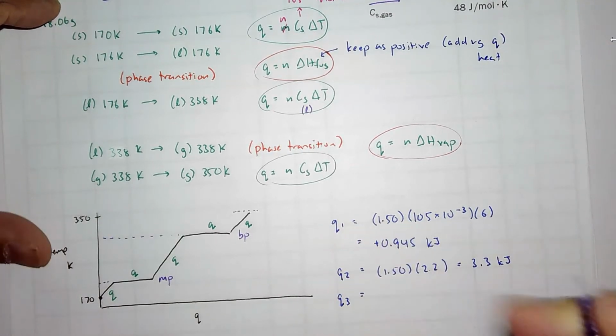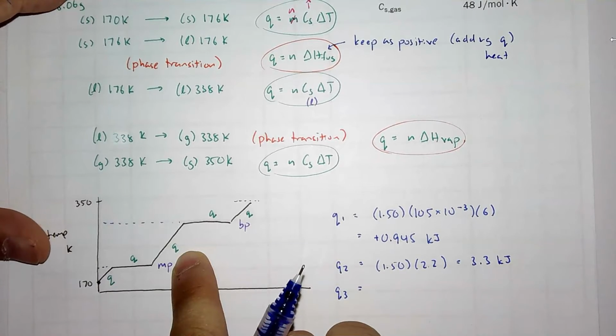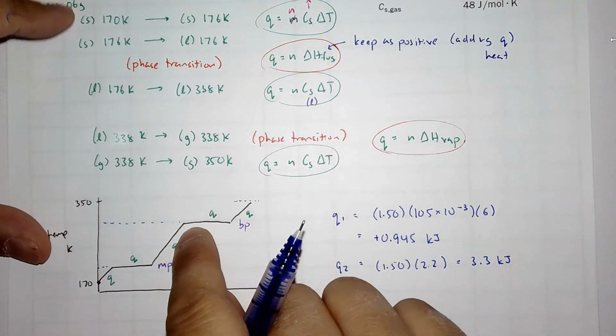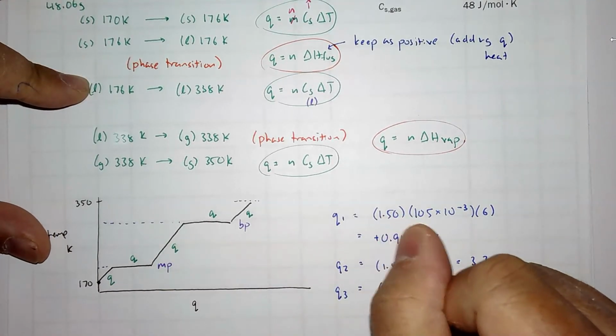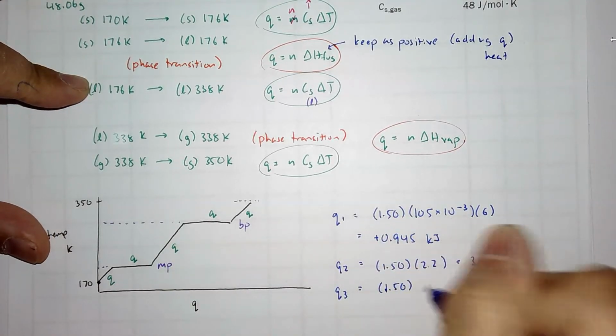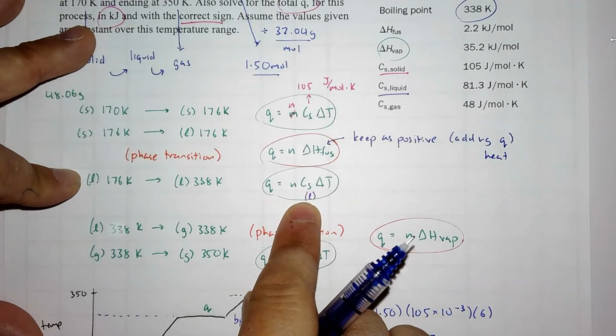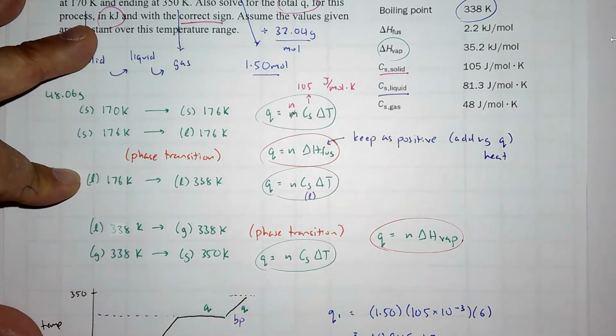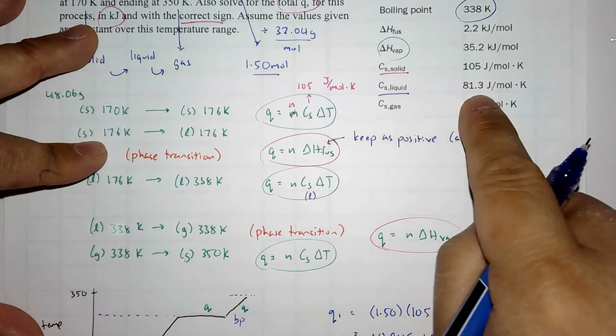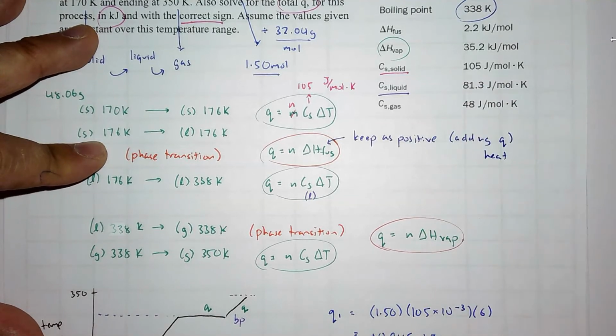Q3 equals, we are at this section right here, raising the temperature of the liquid. 1.50, so now we need the specific heat capacity of the liquid, 81.3, but remember, we want kilojoules, so we're going to do 81.3 times 10 to the minus 3.